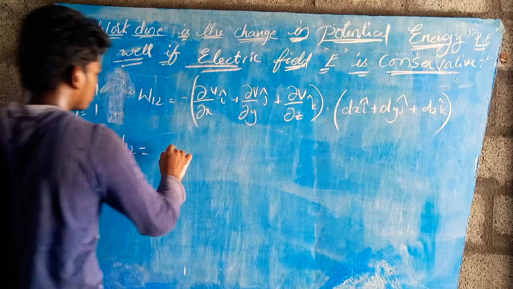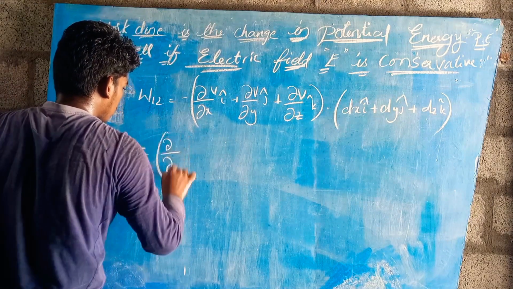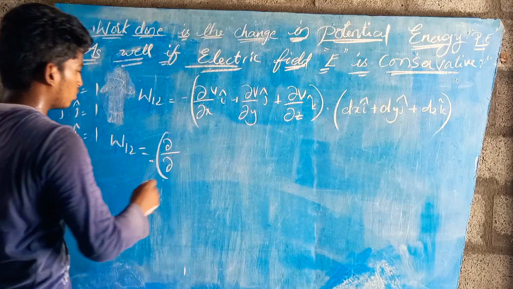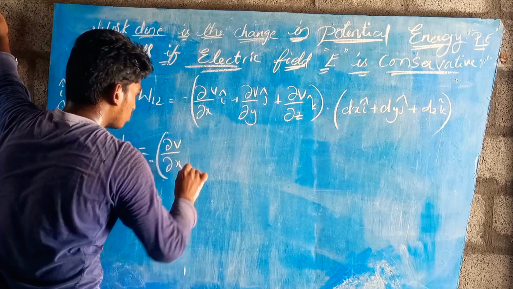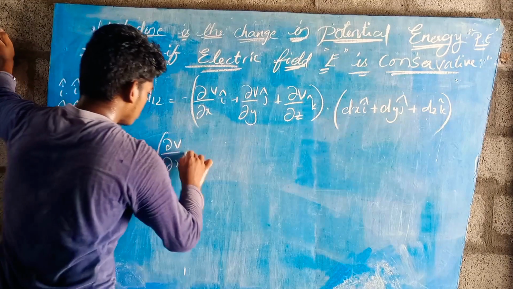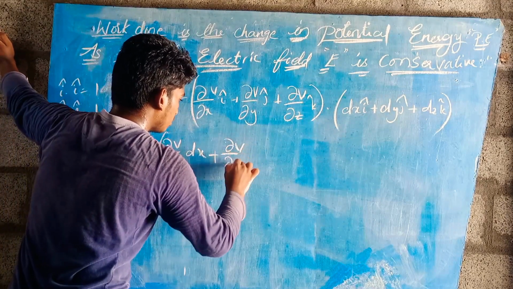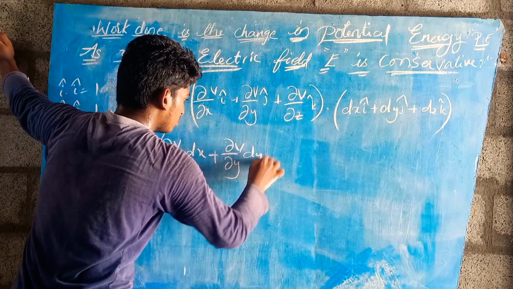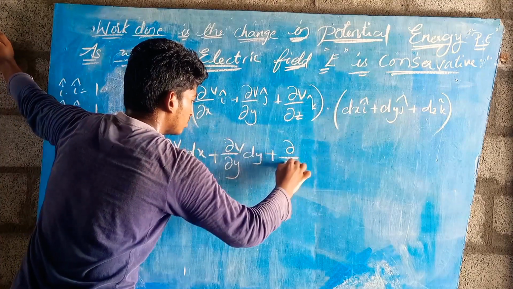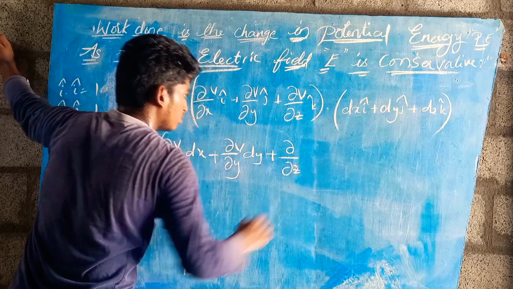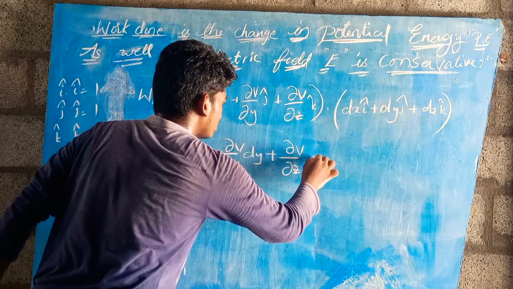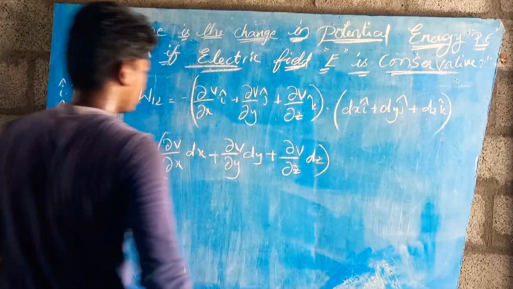So we get minus of dou V by dou x dx plus dou V by dou y dy plus dou V by dou z dz.